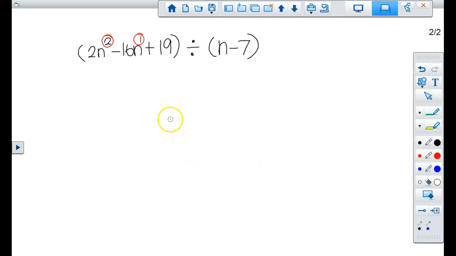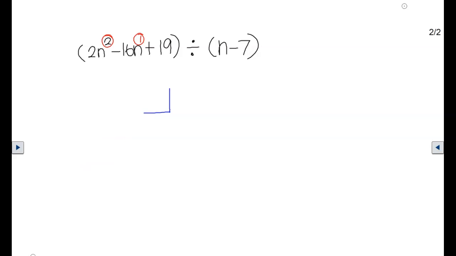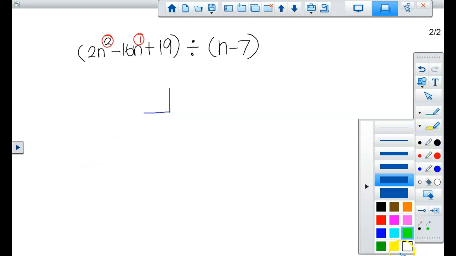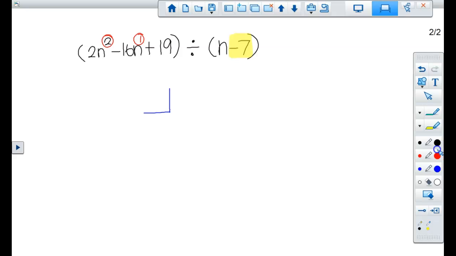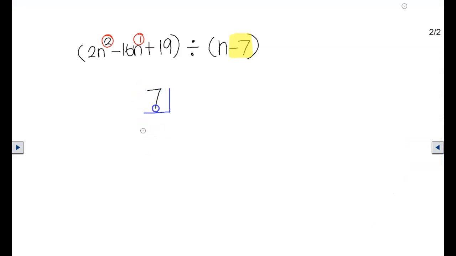All right. Draw your synthetic division symbol, the backwards L. To figure out what to put in the crook of that L, look at your binomial that you're dividing by. Its last number is a negative 7, so remember we're going to do the opposite of that and put a positive 7 right there. Now, beside that backwards L, we're going to put our coefficients.